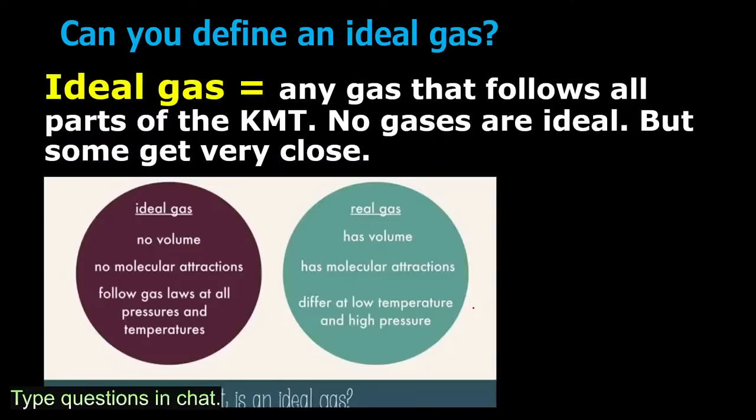Why? Because kinetic molecular theory says that ideal gases have no volume. So gases with low volume would be the most ideal. That would be the two smallest gases on the periodic table, hydrogen and helium. They're tiny in comparison to ones like iodine, argon, krypton.